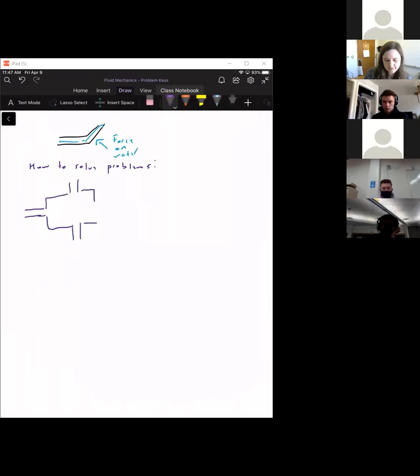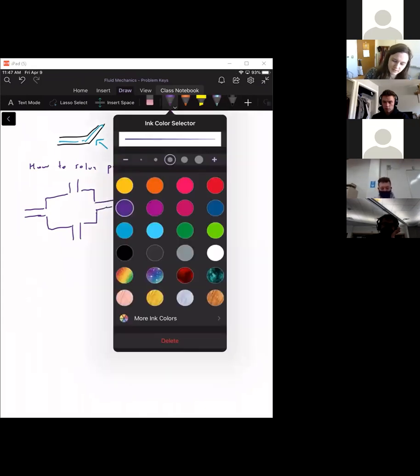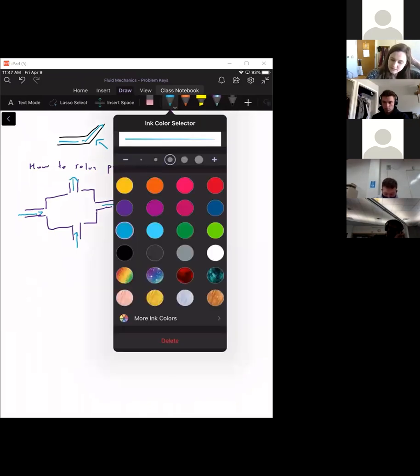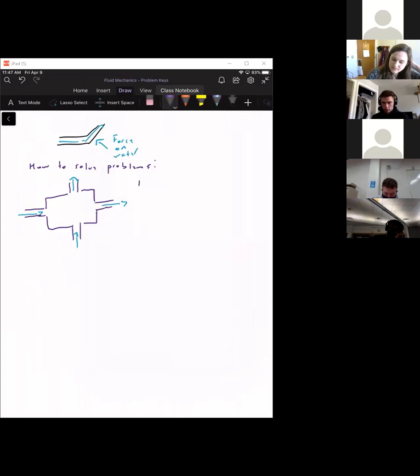Okay, let's say it looks like this. And it goes in, and it goes out, and it goes in, and it goes out. So split into X and Y directions.